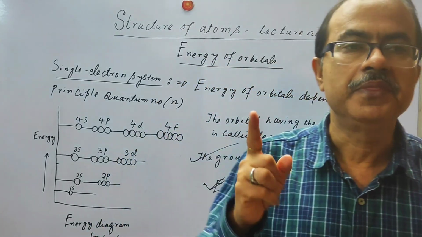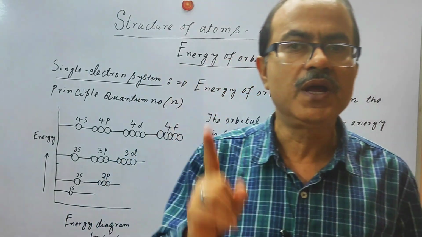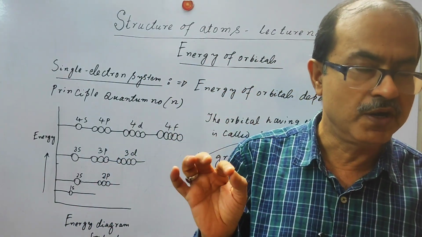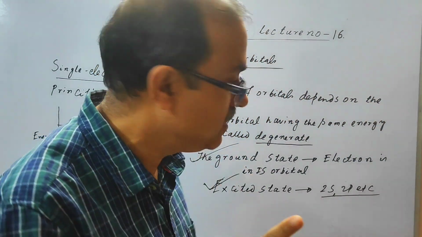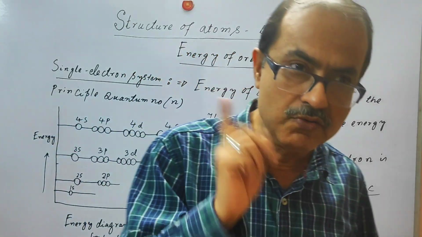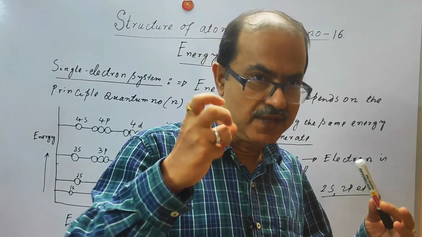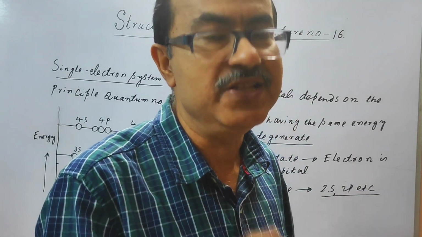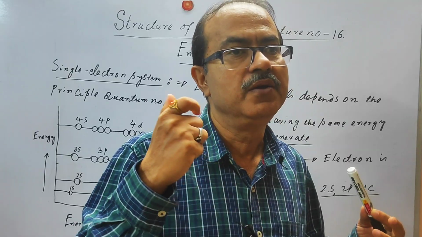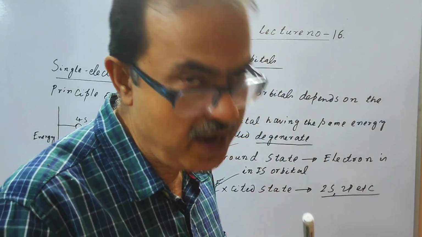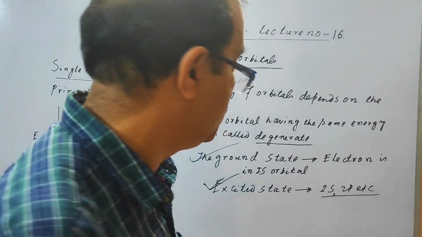So we understand that the energy of the orbital in hydrogen atom totally depends on the principal quantum number, not on the azimuthal quantum number. And we understand what is degenerate orbital, what is ground state, and why in the 1s orbital the energy of the electron is least, because of the high attractive force in operation between the nucleus and the electron.